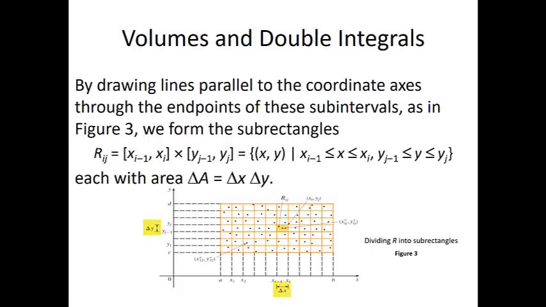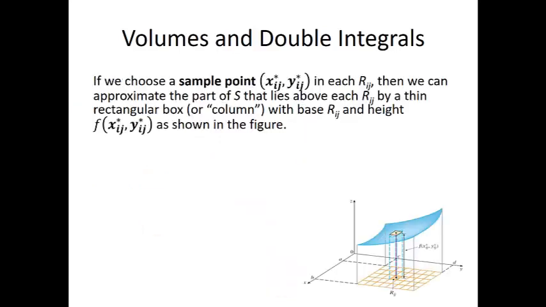If we choose a sample point, x sub ij star, y sub ij star, in each one of our smaller rectangles R sub ij, then we can approximate the part of the solid that lies above that rectangle by a thin rectangular box or column with base R sub ij and height given by f evaluated at the sample point, as we see in the figure.